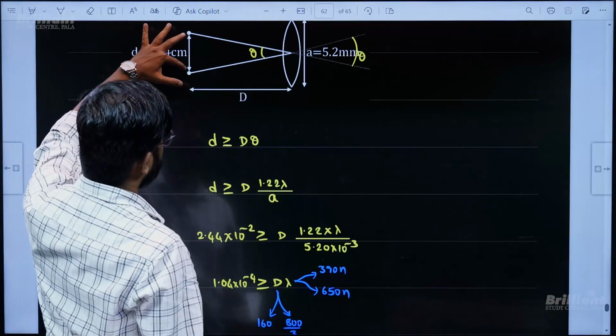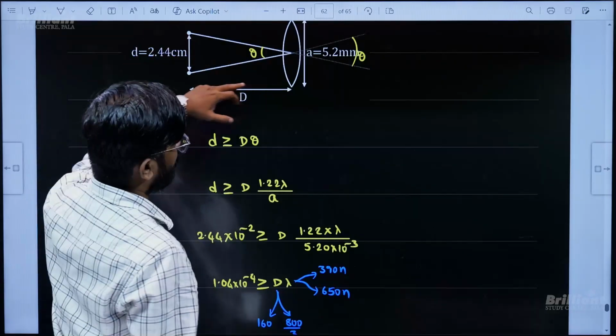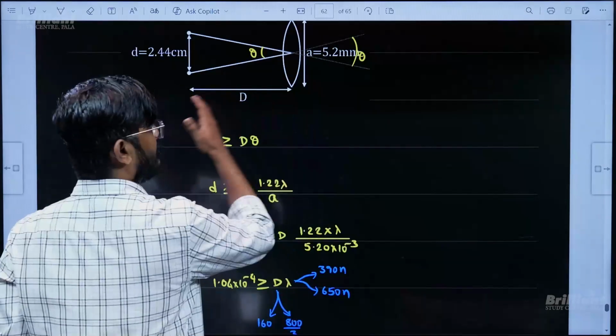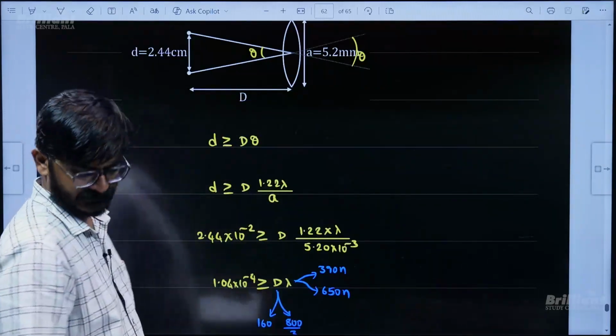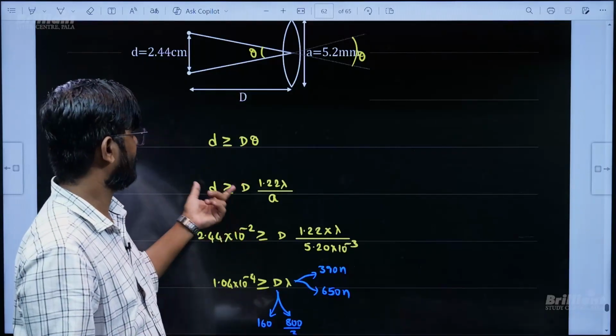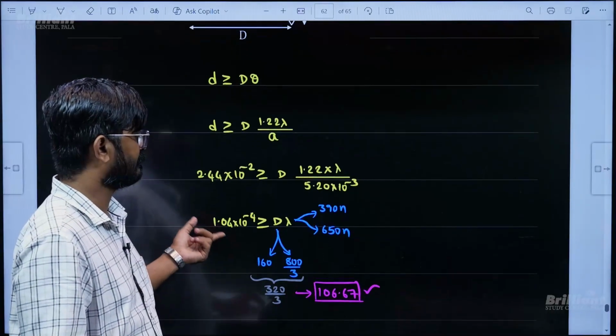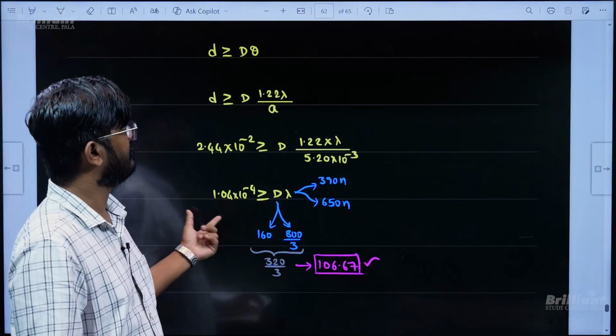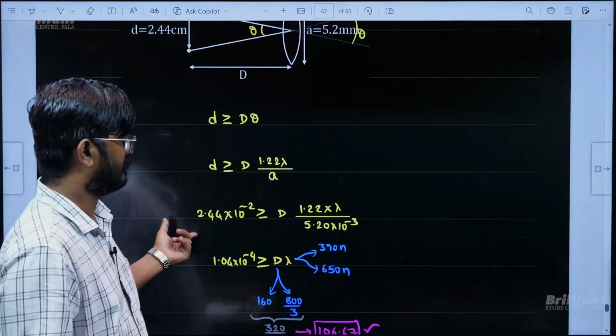Okay, this distance was given, then they were talking about what should be the distance between these two. When you keep coming closer and going far away, it is going to change. Anyway, this is the only equation you have to write. After that, they have given some values, you will be substituting. So d into lambda should be less than or equal to this thing for him to be able to resolve.